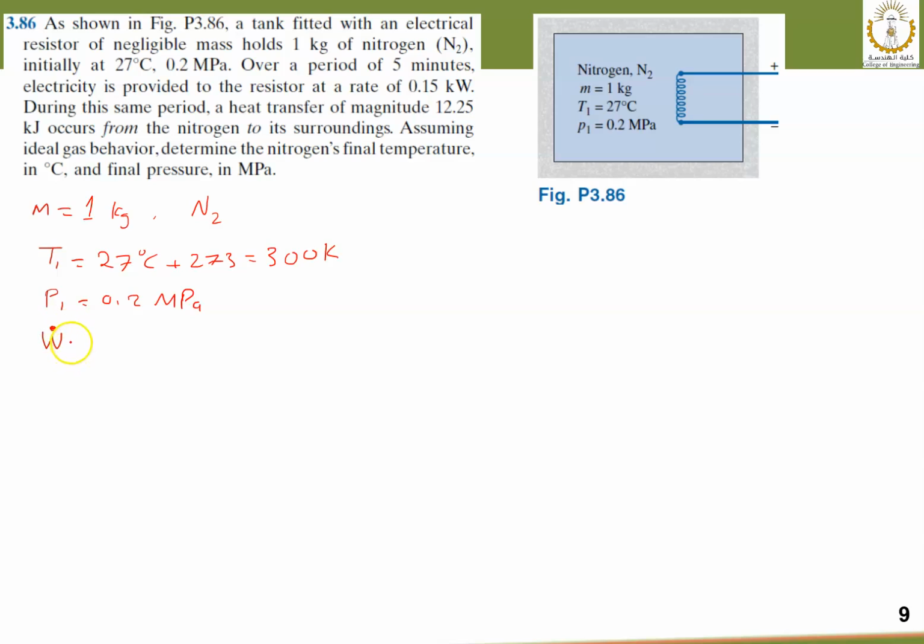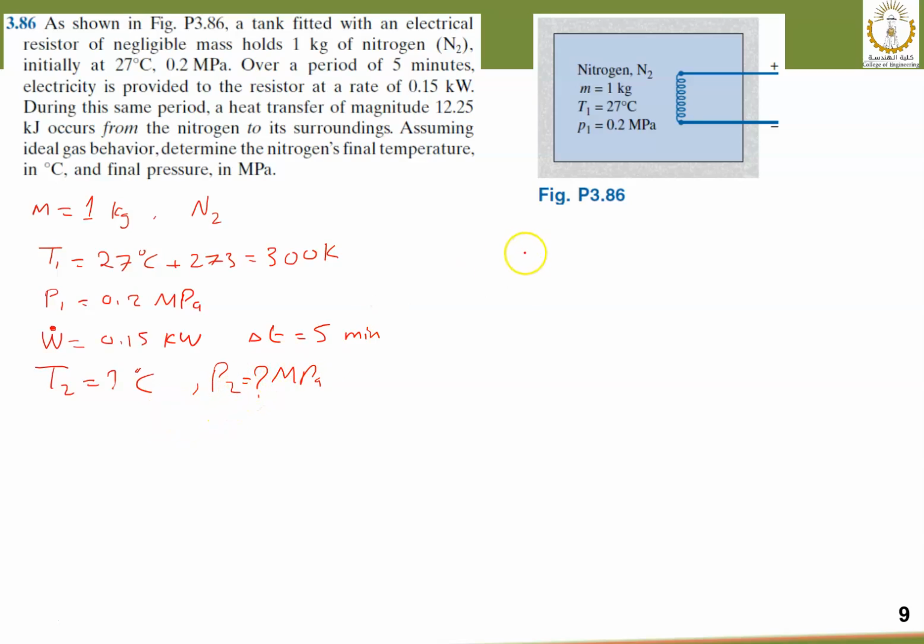So this is W dot, because it is power, 0.15 kilowatt, and this will last for delta T equal 5 minutes. Assuming ideal gas behavior, determine the nitrogen final temperature T2 in degrees Celsius and P2 in megapascal.